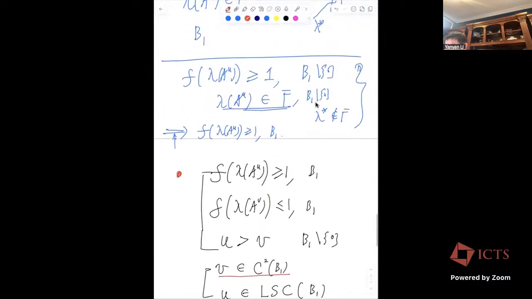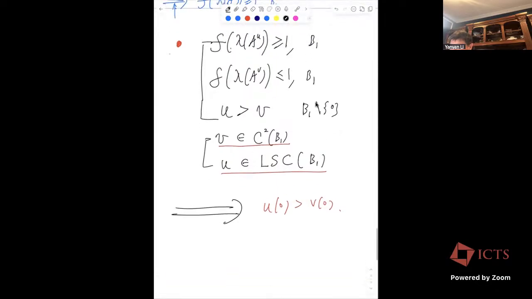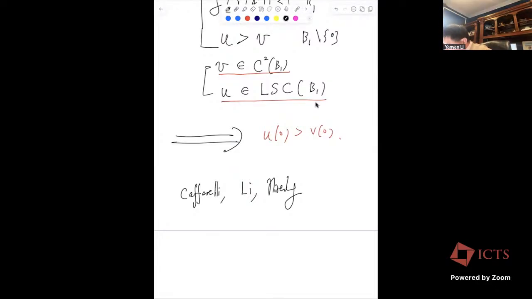So this result, which we will need, such a result for second order elliptic operators was proved by Caffarelli, myself and Nirenberg in 2013.